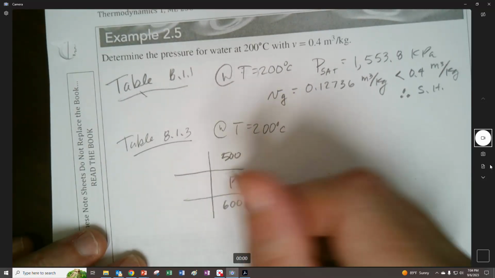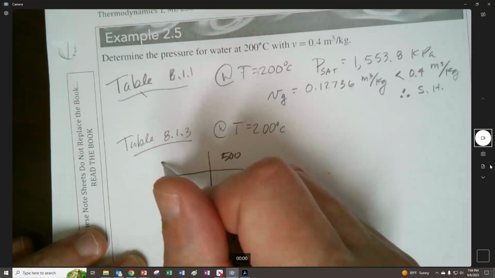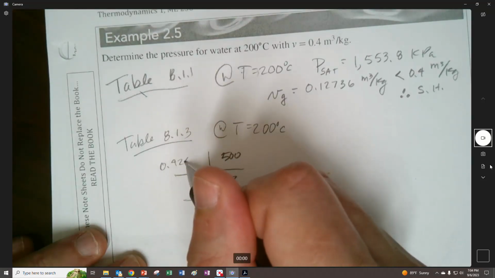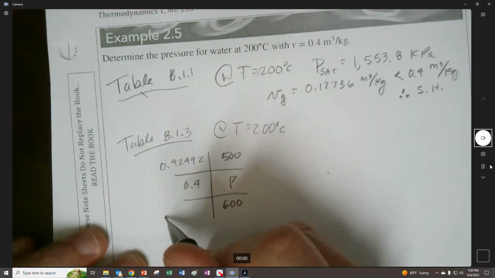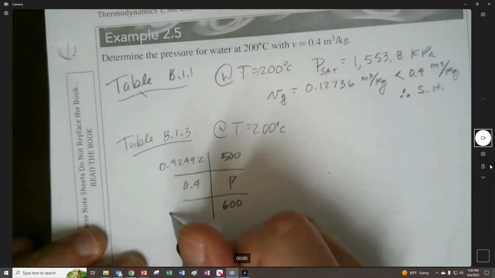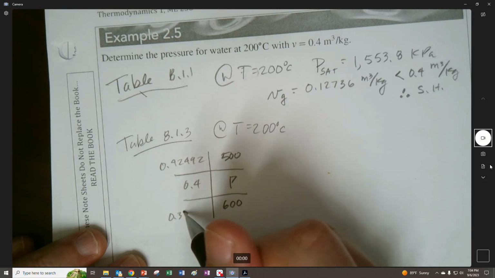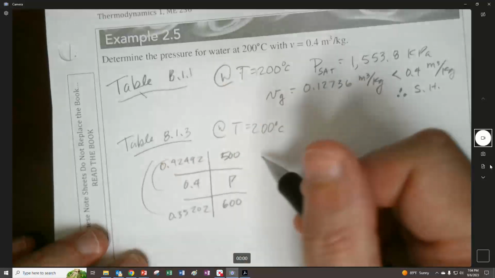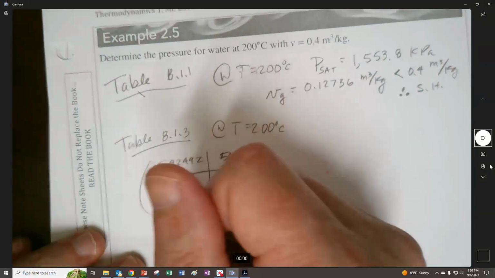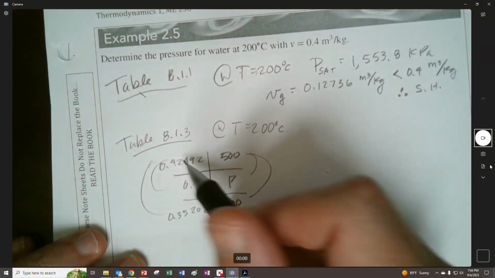So that's the place we're going to look. So we look at the value here of 0.42492, and 0.4 is what we want to try to get, and the one that corresponds to 600 is 0.35202.